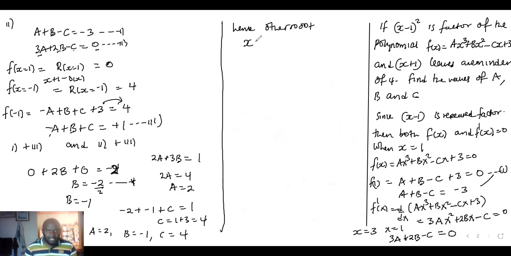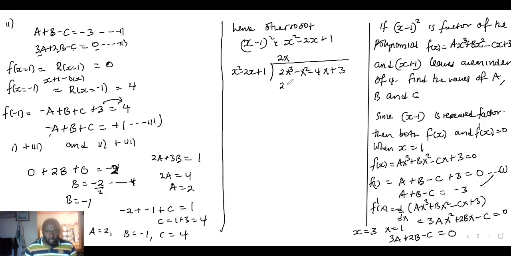When you expand x minus 1 squared, what do you get? x squared minus 2x plus 1. So we are going to divide the entire function, which is now 2x cubed minus x squared minus 4x plus 3, by x squared minus 2x plus 1. The first term here is 2x.